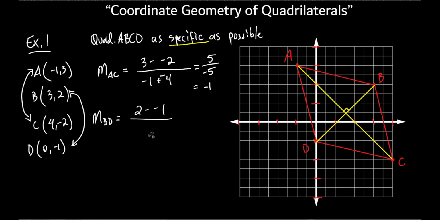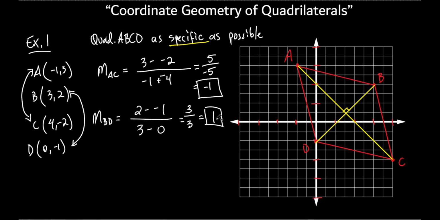The change in X is 3 minus 0. That's 3 over 3, which is positive 1. So there's the slope of one line, and that's the slope of the other. Are they negative reciprocals of each other? They are, because one's negative, one's positive. That's the negative part. Are they reciprocals of each other?